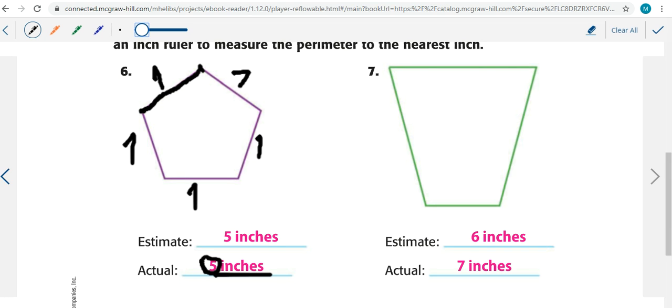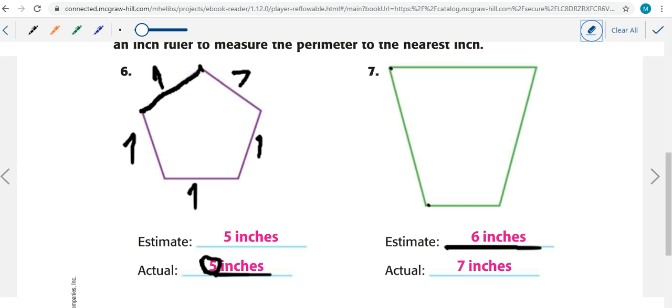And then you remember that you have to use your ruler to measure this. Now, my estimation is 6 inches. Now we're going to measure. From here to here is 1 centimeter. No, I'm sorry. This is not 1 centimeter. Okay? But the actual measurement of this is 7 inches, okay?